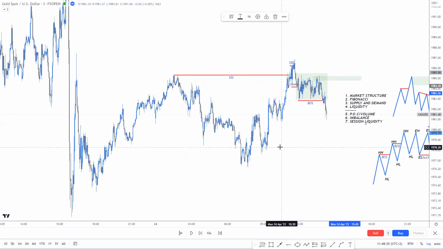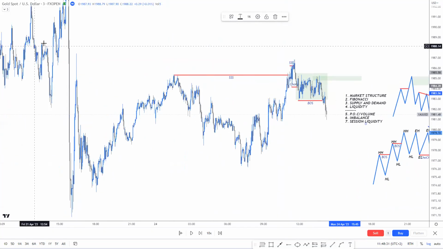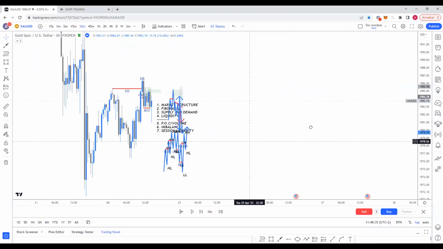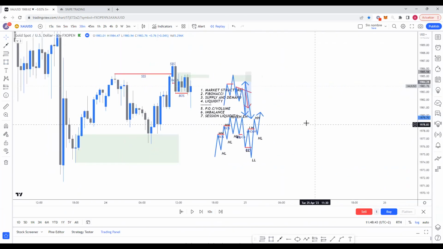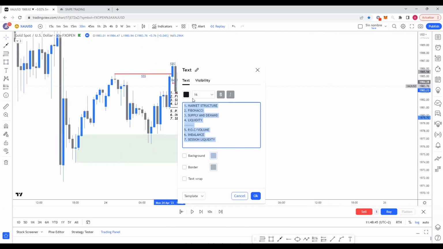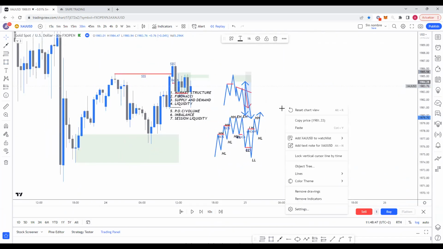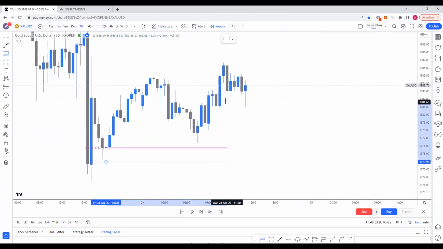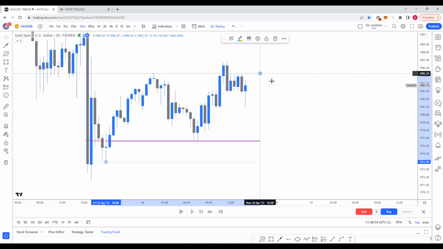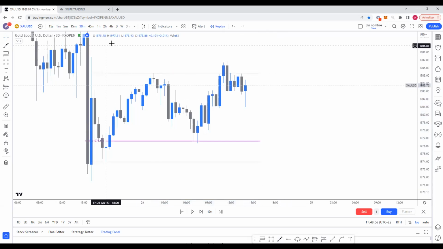So essentially, we're looking for these confluences on the bigger picture. Let's see if I can find an example. For example, let's go right here onto the 30-minute time frame, okay? So you can see price is rejecting this demand zone, okay?